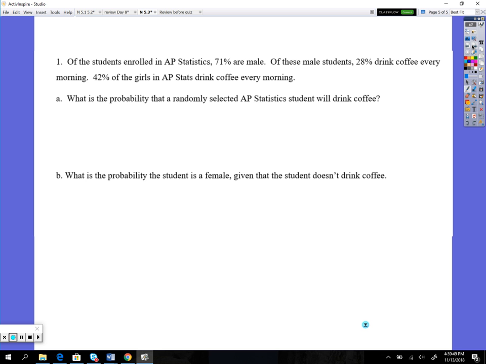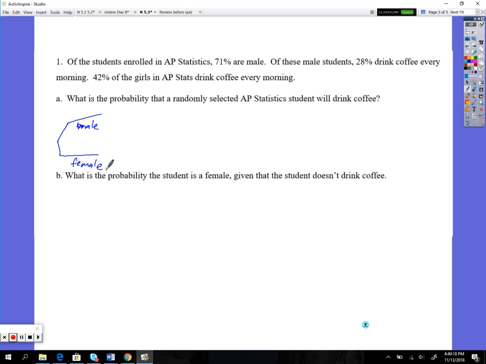And so this particular question says that of the students enrolled in AP Statistics, 71% are male. Of these male students, 28% drink coffee every morning. 42% of the girls in AP Stats drink coffee every morning. So what you're going to do is you're going to make little branches here, and we're going to say that these represent male students, these represent female students.